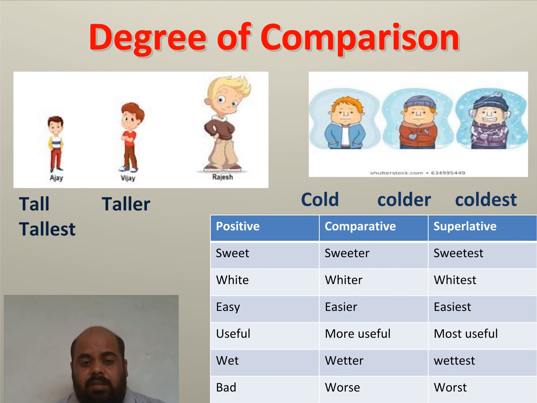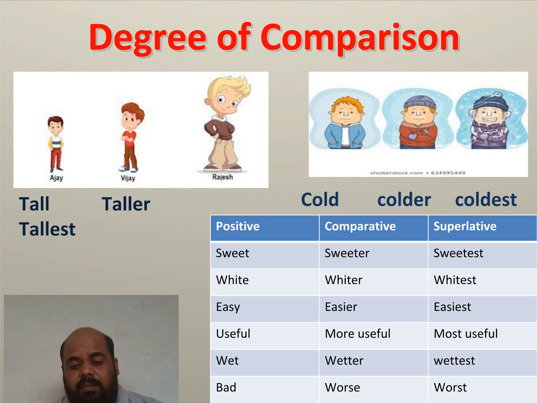The base form is called positive. When we are comparing two people or two things, it becomes comparative, and the highest form is called superlative. I have taken some examples here, like sweet.